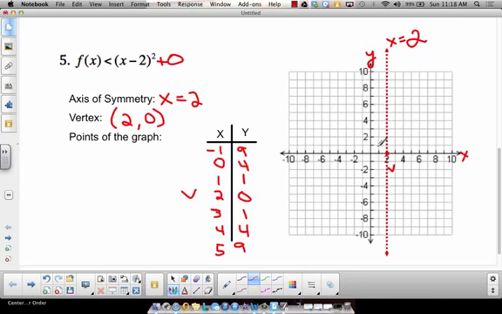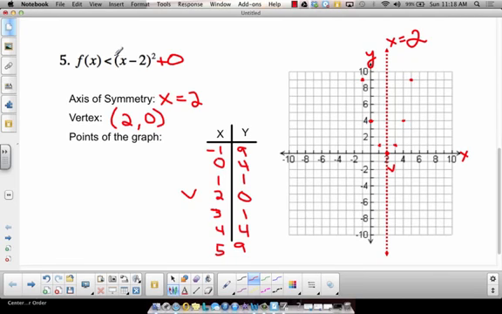At 1, 1, I've got a point. Then at 0, 4, which is my y-intercept, as you can see. And then at negative 1, 9. Now I've got a mirror image on the other side. Right there. The nice thing is, I'm just paying attention and seeing, hey, I'm 1, 2, 3 away that way, so I'm going to be 1, 2, 3 away this way.